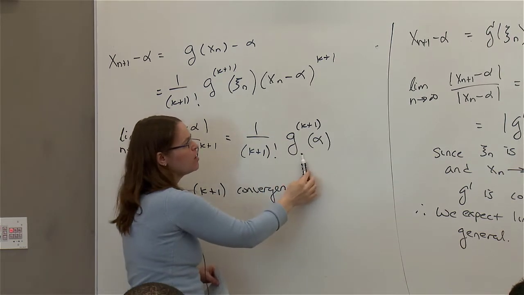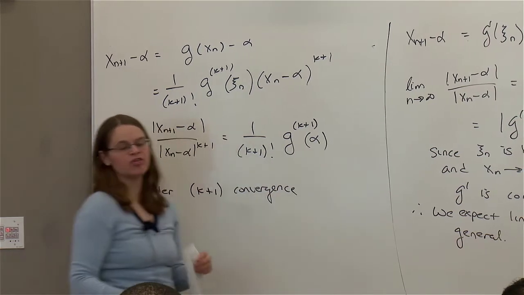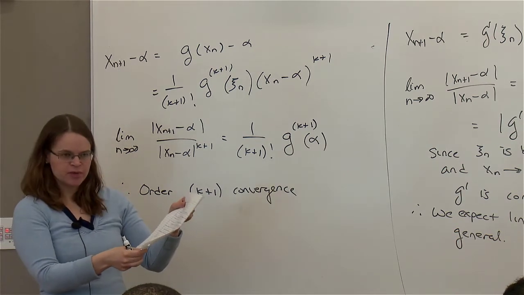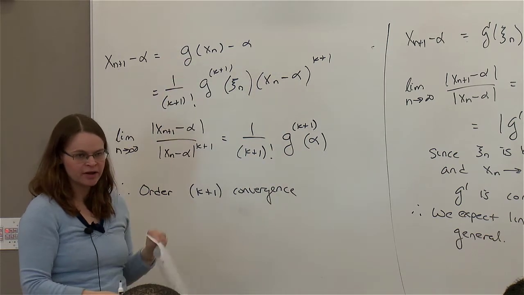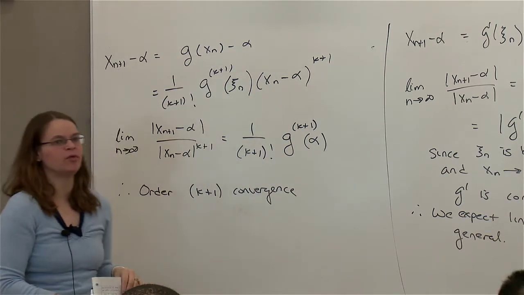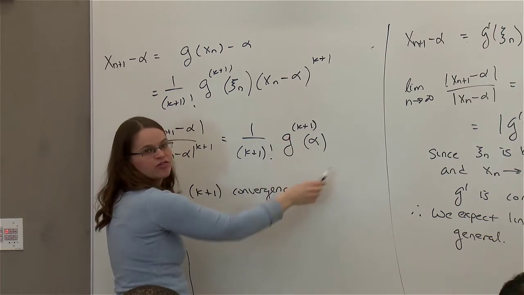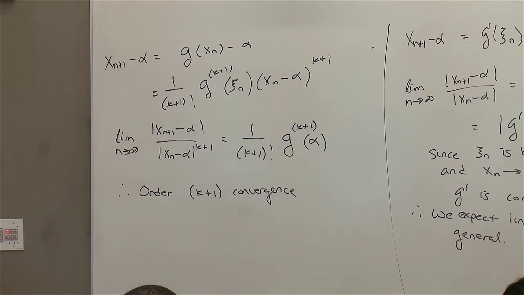But all I've said is that these derivatives are continuous, but they might be very large. It's possible that g is small and g prime is not too big, and g double prime gets pretty big, and g triple prime gets quite big, right? These things can exist, but they don't have to be small. So it depends whether this is growing faster or slower than (k+1) factorial. So don't assume in general that the constant is small, because you may get into very deep trouble if you assume that.